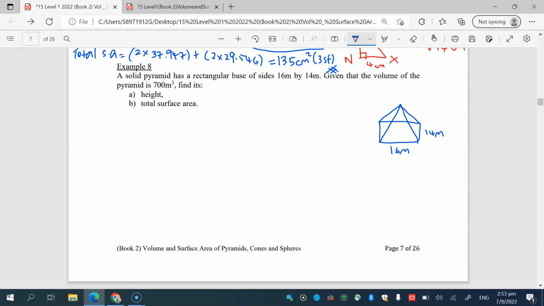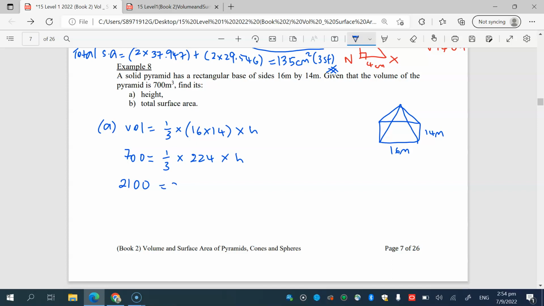Okay, so they want us to find the height, right? So you know that volume is 1/3 base area times height. Base area will be 16 times 14. And the height you don't know, so let it be h. Volume you already know is 700. Okay, you press calculator for 16 times 14 is 224. Then you multiply both sides by 3.